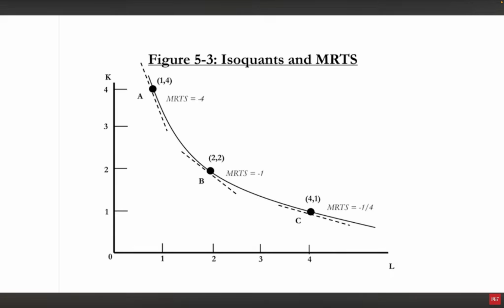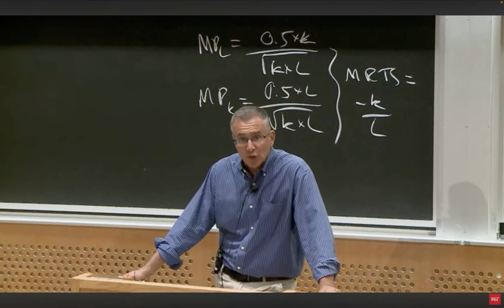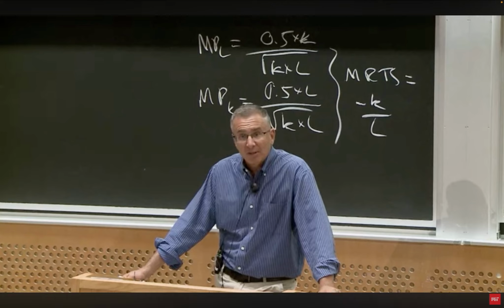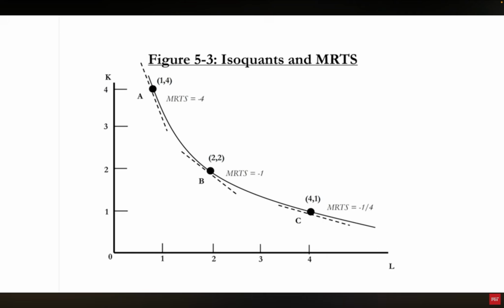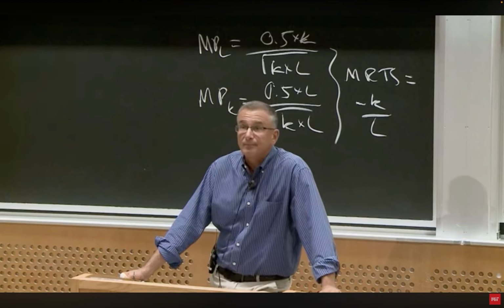So you want to move to the right. Likewise, at point C, you've got 4 workers and 1 shovel. That's doing you no good. You'd happily give up a worker to get a shovel. So you want to move to the left. So basically, that is how we end up with this marginal rate of technical substitution. Questions about that?